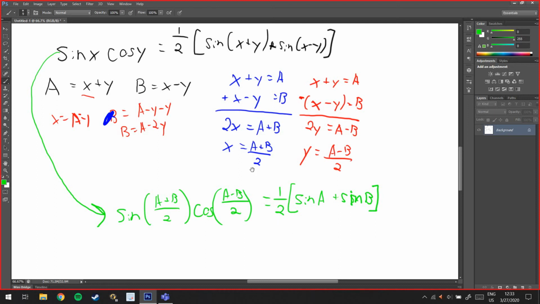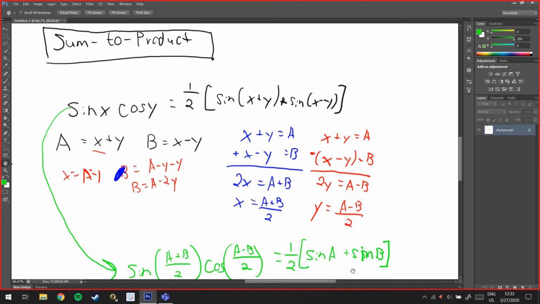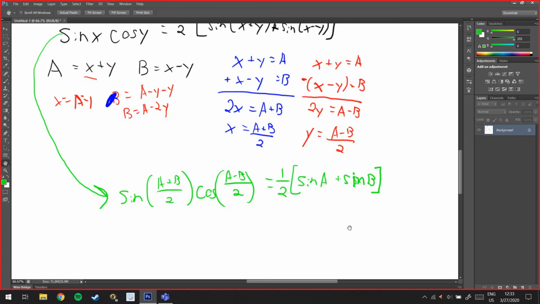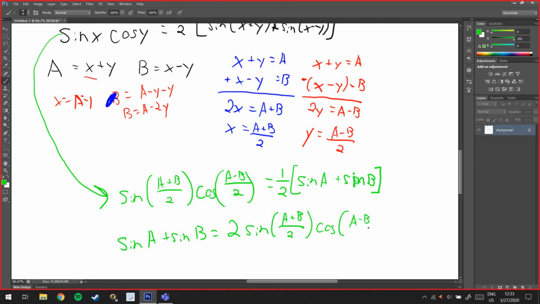Right now we're looking at sum to product, so I want my sum to be by itself. And this kind of gets into your question as well of why we are doing this: I want my sums to be in terms of one variable, which now they are. Sine is in terms of a, sine is in terms of b. Okay. So if I multiply by 2 on both sides, I'm going to get sine of a plus sine of b is equal to 2 sine a plus b over 2 cosine a minus b over 2.